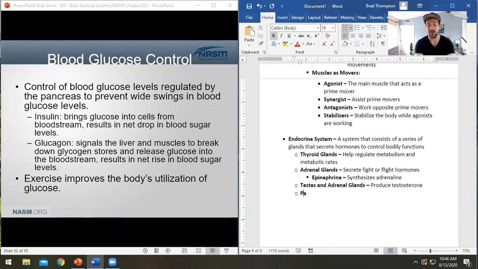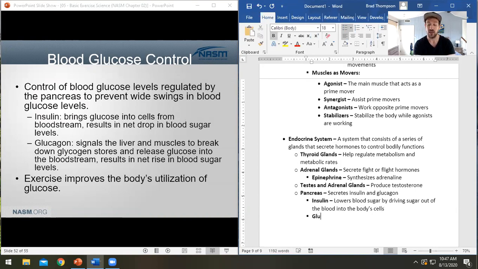You've also got your pancreas, which is going to secrete insulin and glucagon. Insulin lowers blood sugar by driving sugar out of the blood into the body's cells.